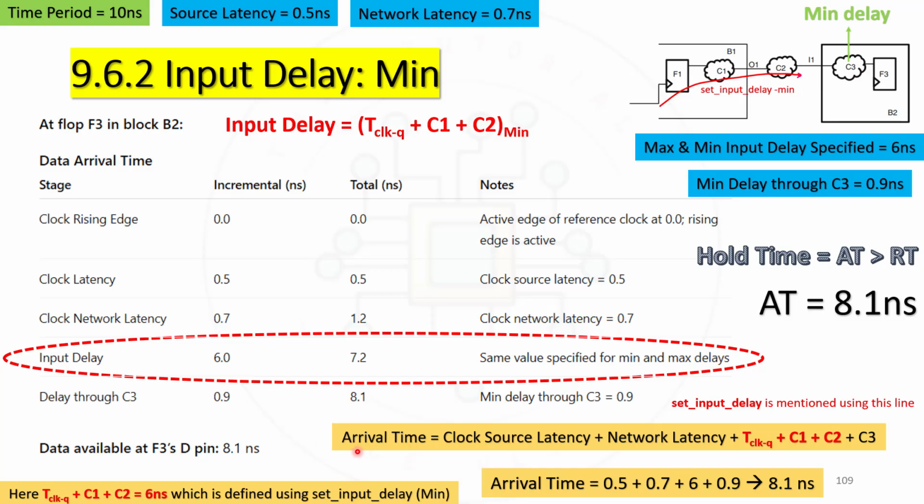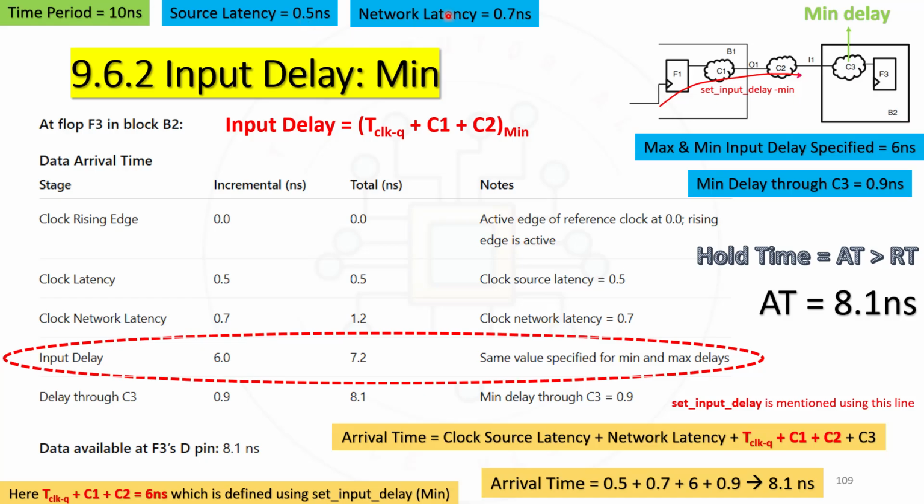If you want to calculate it in terms of a formula, you have to use this particular thing, which is clock source latency plus network latency followed by clock to Q delay, C1, C2 and C3 delay. Here clock to Q delay followed by C1 plus C2 is something which is called the min value, and it is called the minimum input delay. So in our case it is 6 nanosecond, whereas source latency and network latency we already know.